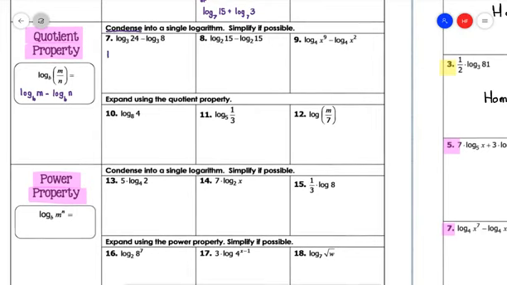So whenever there is subtraction between two logs with the same base, we will take the first over the second. The one that has the minus in front of it will be our denominator, and that does matter. And we could condense even further and say this is log base 3 of 3.